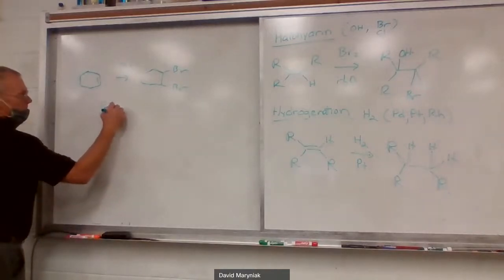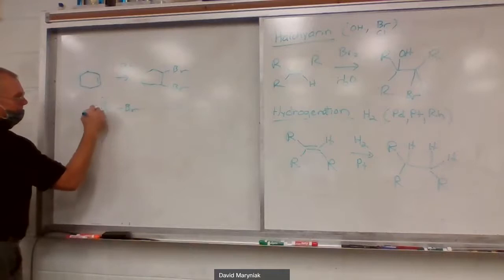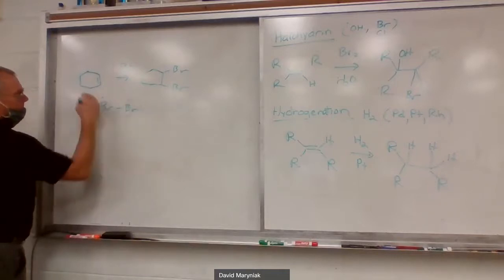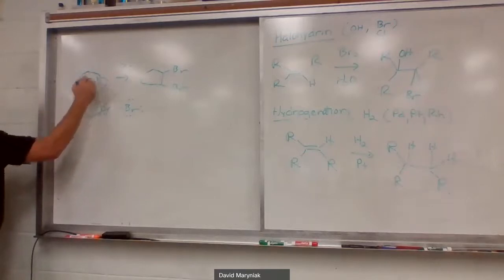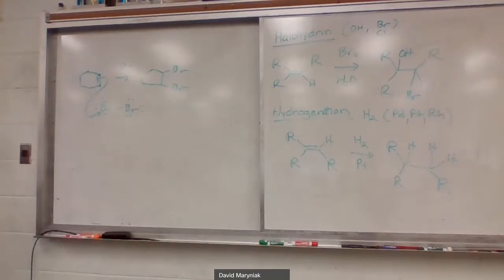So we're going to do that. And we're going to do that, and I'm going to say this represents a bond connection between which carbon? You pick them. So whichever one you pick, what would happen to the other carbon?